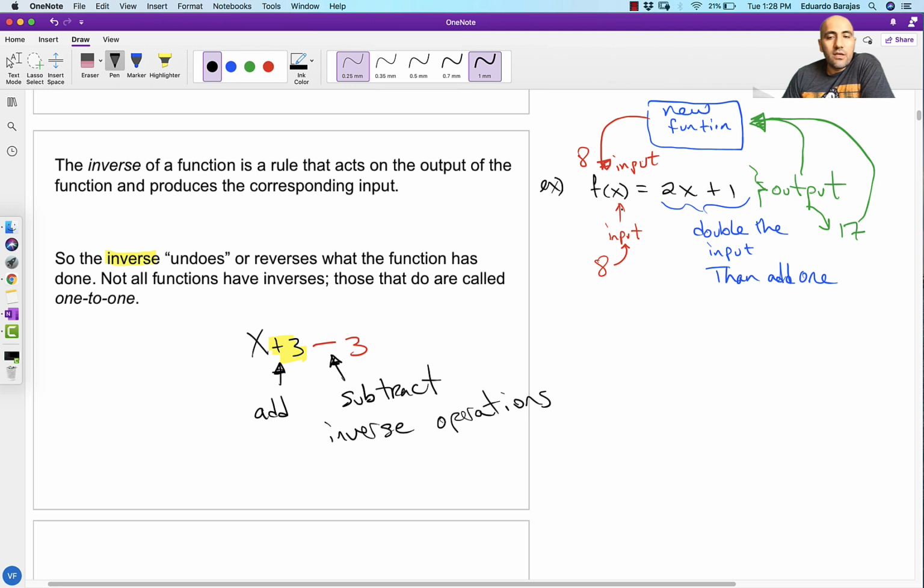We're going to be given a function, and it's our task to determine, first of all, if that function qualifies as a function that can have an inverse function, because not every function will be capable of having a new function that will undo it. Not all functions can be undone.